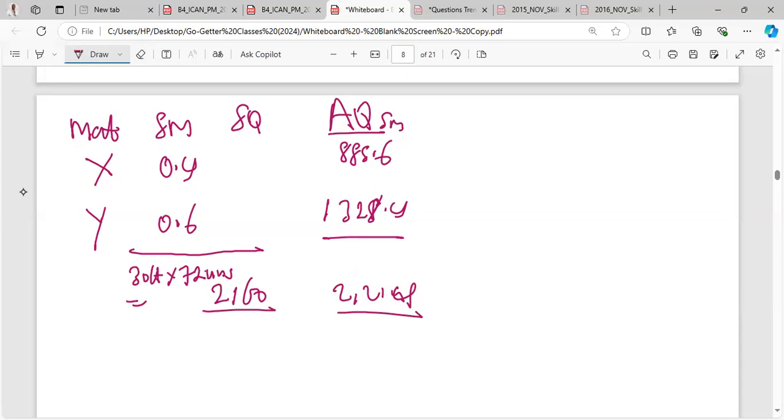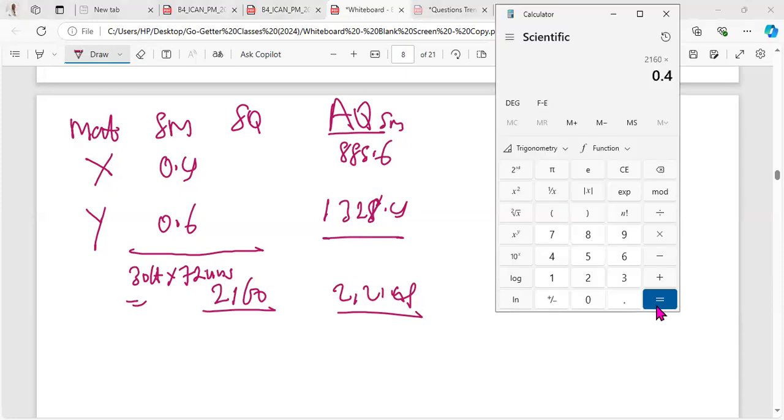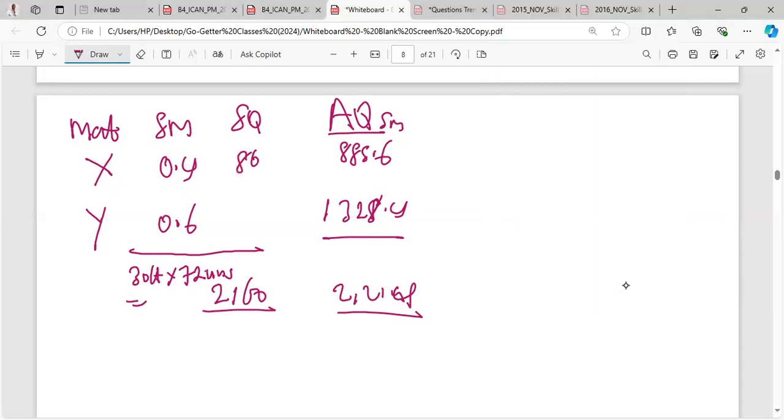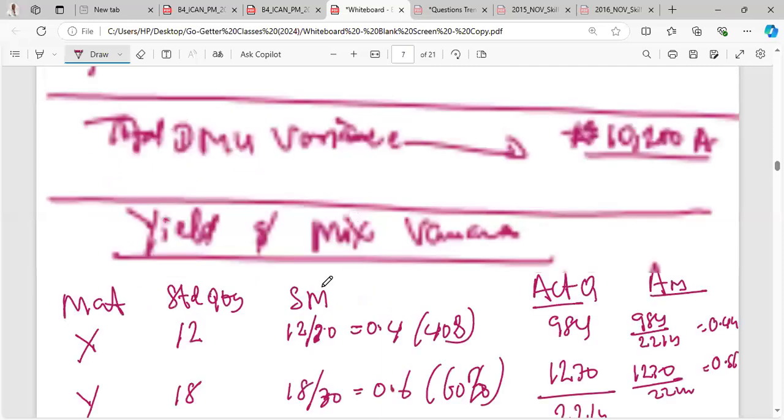So this is for 2160. We are taking 0.6 and 0.4. This is what we will get. Multiplying by 0.4, you get 864 as usual, which is what we got the other time.